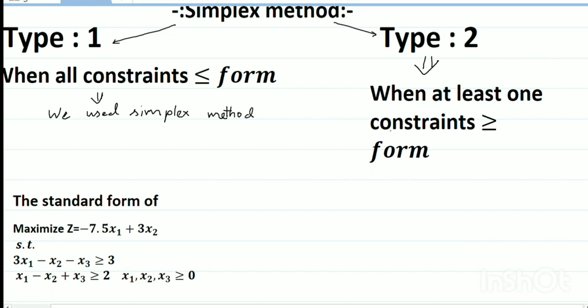Now, when at least one constraint is in greater than or equals to form, we use the two-phase or BGAM method, okay? BGAM method I will teach you later, but now I teach the two-phase method, okay? So then we use two-phase.